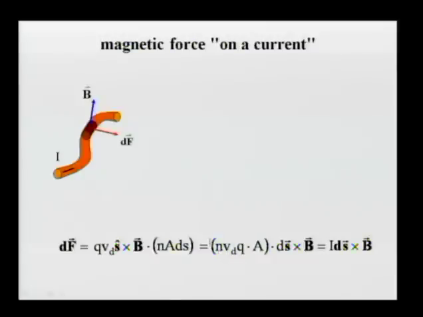Now, n says how many of those charged particles there are per unit volume. So if I multiply this n by that volume which I just evaluated, it will be the number of particles which will cross the surface in 1 second. And if I multiply it by the charge of those charged particles which are traveling, I will get the charge which is transferred through that surface in 1 second.